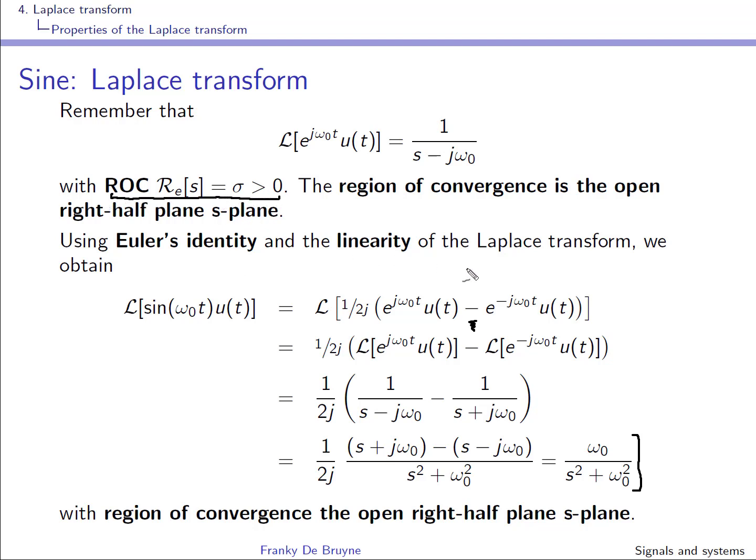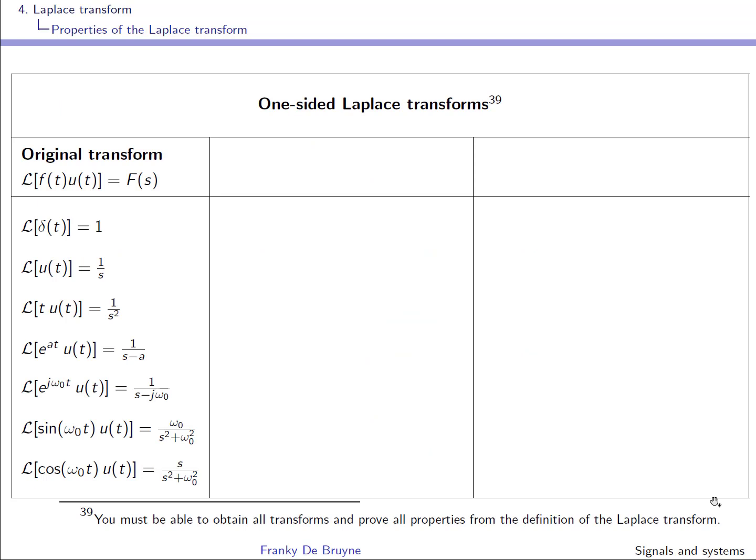At the time of the exam, you won't have the tables with transforms. I expect you to be able to recompute the Laplace transform of a sine. So this is now the table of transforms with all that we have done so far, and again you should be able to obtain these transforms and the associated regions of convergence from the definition of the Laplace transform.